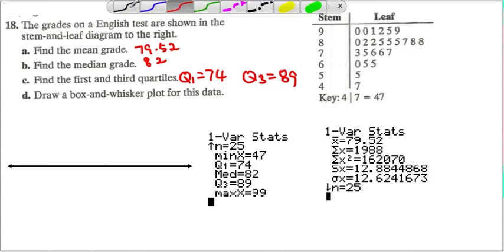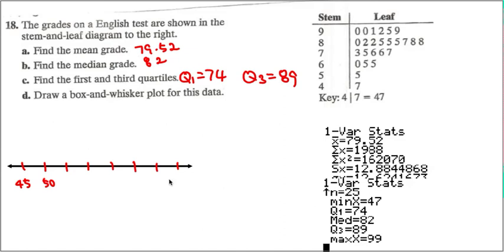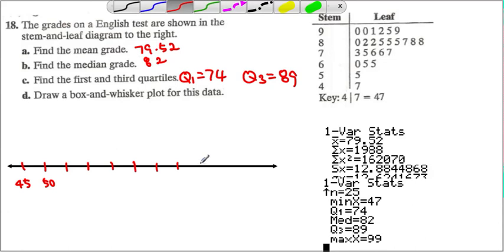What I'm going to do is arbitrarily say this is maybe 45, 50, 55, 60, 65, 70, 75, 80, 85, 90, 95, 100. All right.